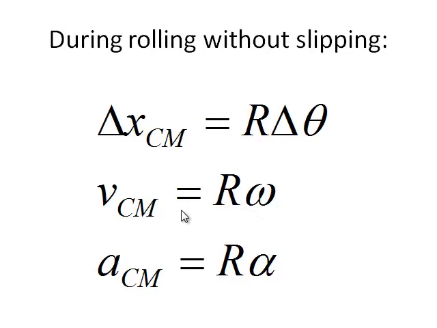If we were to take the derivative with respect to time, we could get that the acceleration of the center of mass is equal to r alpha. If instead we integrate this formula, v of the center of mass equals r omega, then we would get that the displacement of the center of mass is equal to r delta theta, and that's just from the arc length formula that you already know.